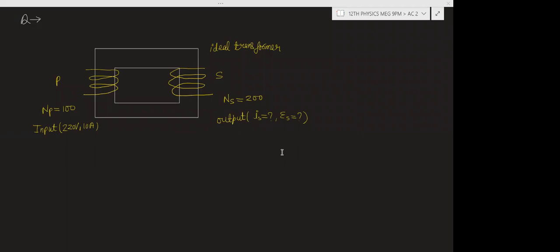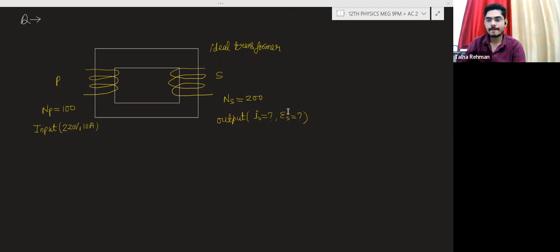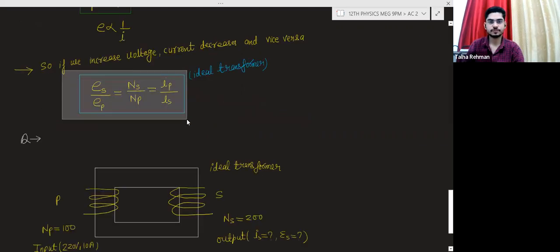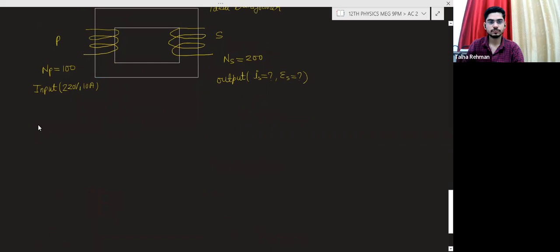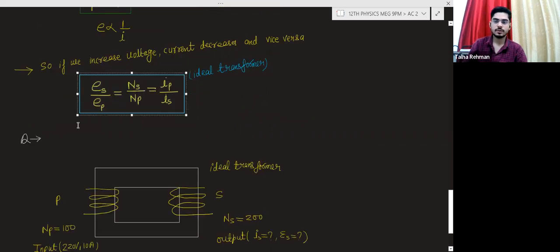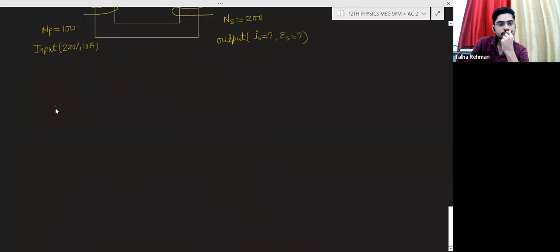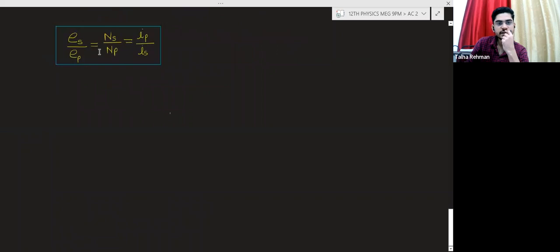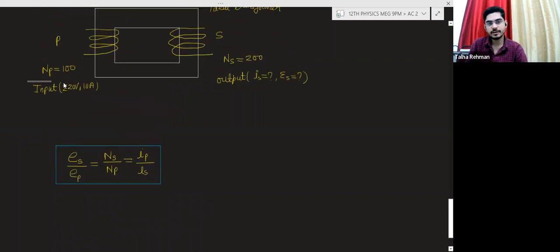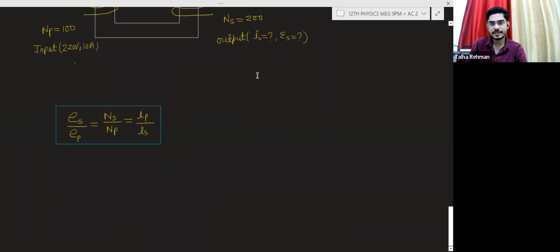Okay. So now I am solving this question for Hamza. Very easy question. This formula will be used. Suppose I want to find first IS.